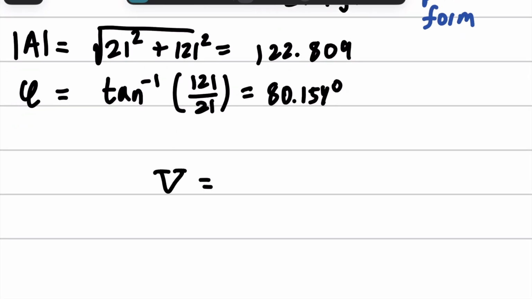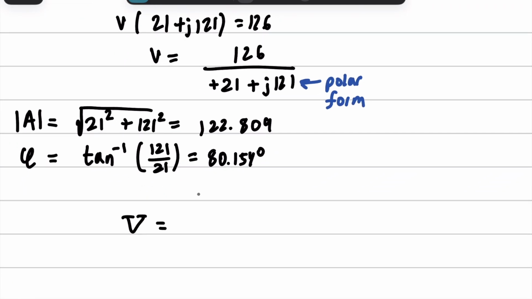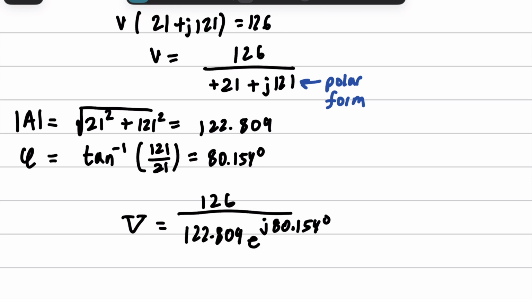And so plugging this back in, we're going to get v is equal to 126 over the magnitude, 122.809, e to the j 80.154 degrees. Because this is in polar form, we can apply exponent properties.